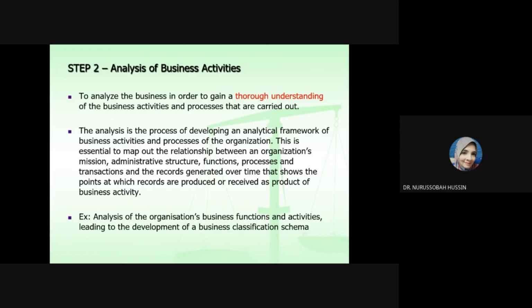Okay, this is essential to map out the relationship between an organization's mission. For example, we already know that we have to investigate the organization's vision, mission, goals and objectives, and then we have to know the strategic planning of the organization, and whether this organization has strategic planning for records management or not.